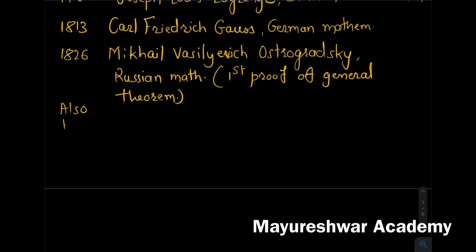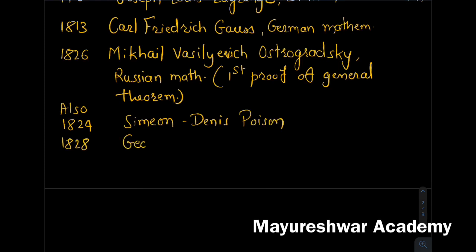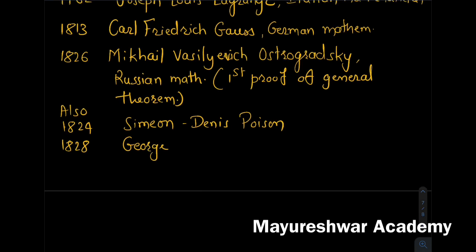Also it was invented in 1824 by Simeon Denis Poisson, the same person after whom the Poisson equation and Poisson's ratio in solid mechanics are named, and in 1822 by George Green, British mathematician. That's why it is known as Green's theorem.